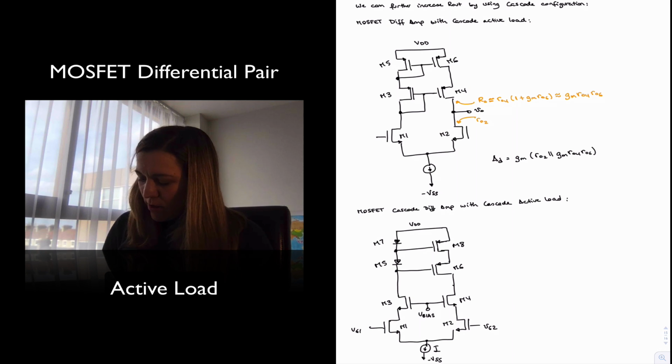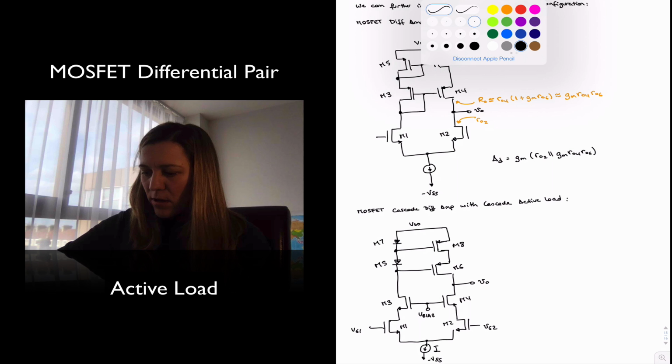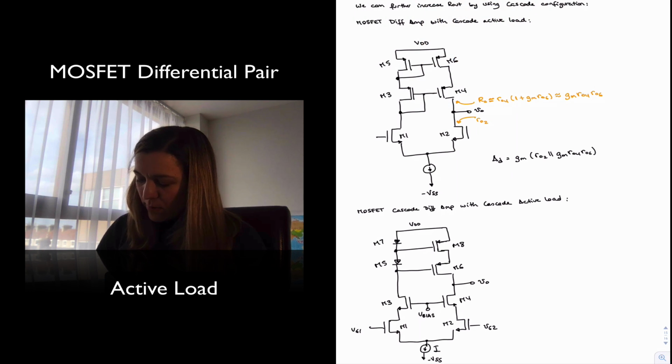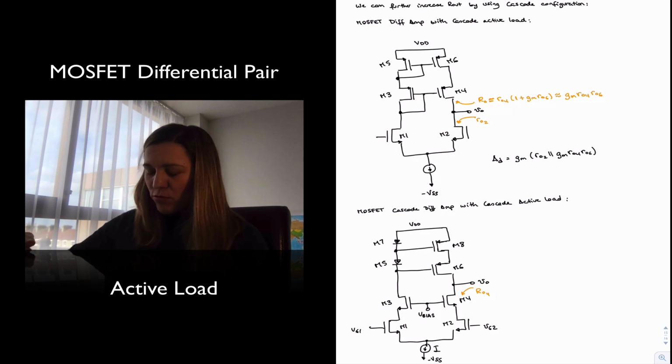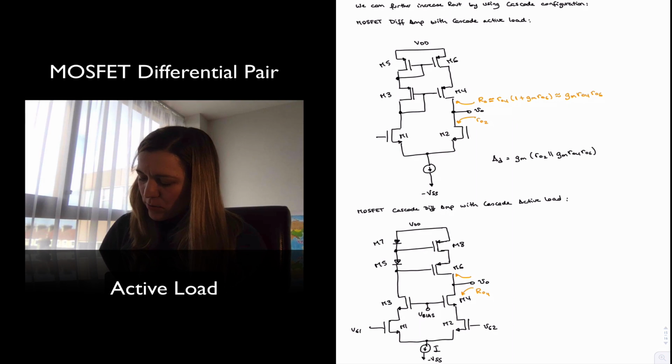And essentially what I will have here is I will take my output right there. And because of the cascode effect, I will have here my R out, I'll call it 4 because I'm looking into M4, and my R out 6.